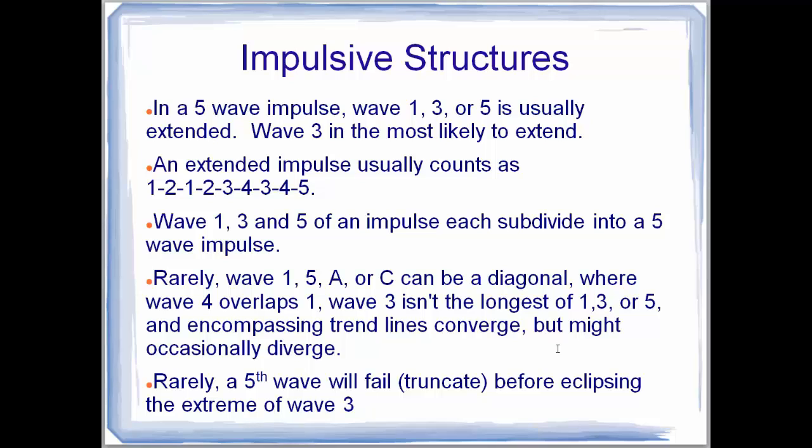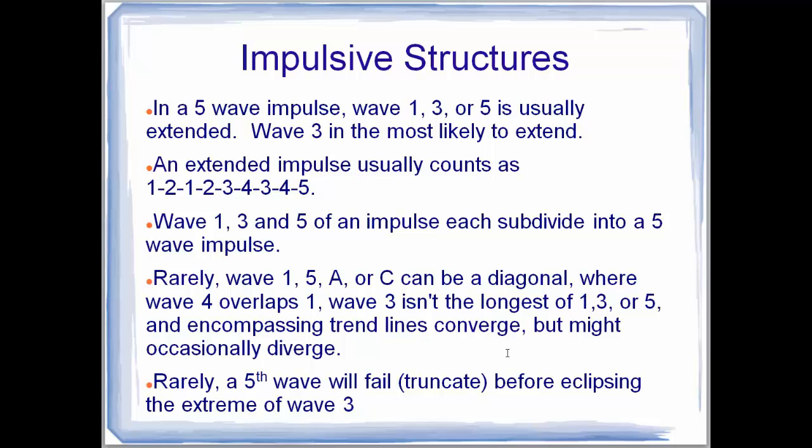Rarely, wave 1, 5, A, or C can be a diagonal, where wave 4 overlaps into the price territory of wave 1, and wave 3 isn't the longest of wave 3 or 5.